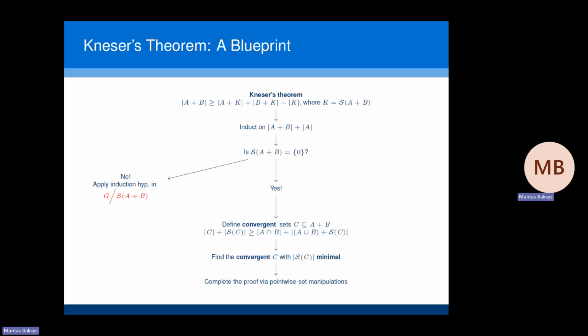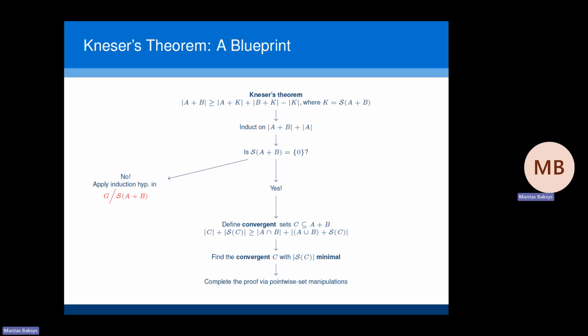At this point, this is actually kind of a weird induction, if you think about it. What's happening really when you do the induction is that you notice that K is a stabilizer.